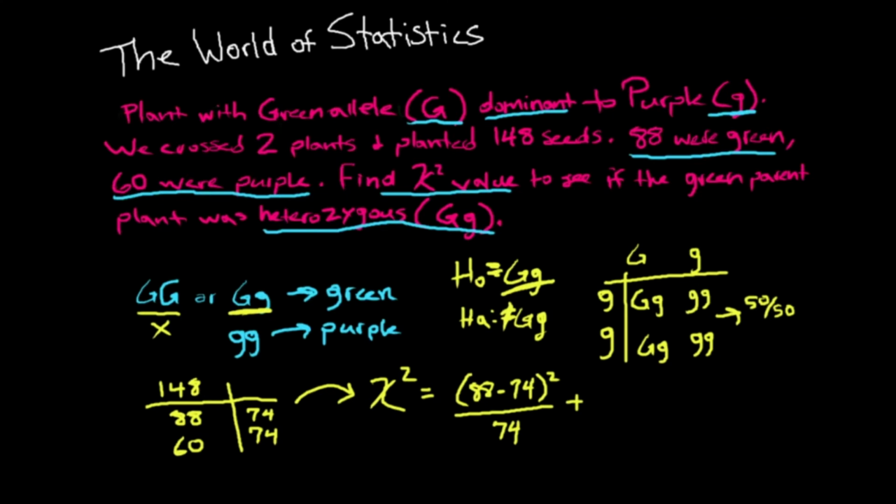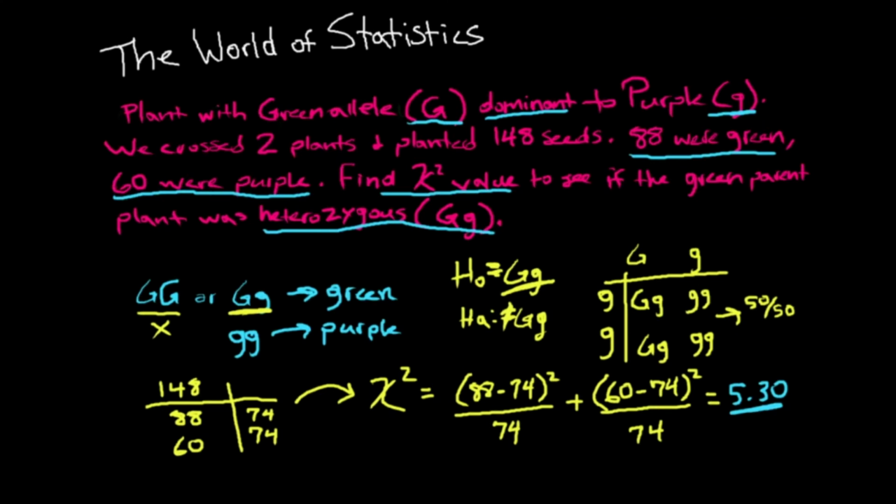And we keep doing this for the things that we have, so then we also take 60 minus 74 squared over 74. When we figure this out, it is equal to 5.30. So that is using the chi-squared formula.